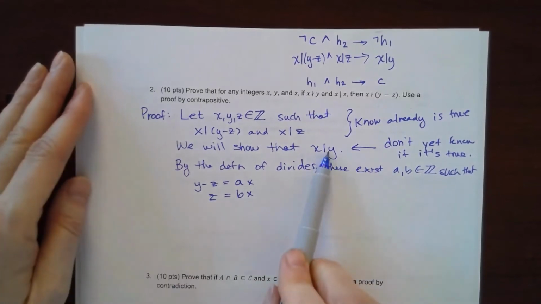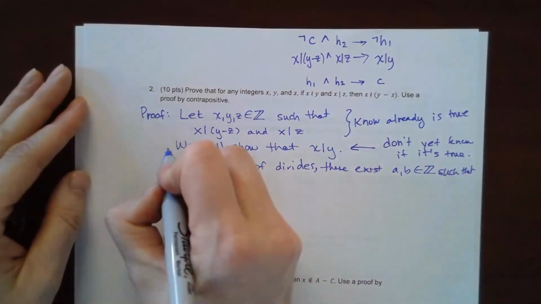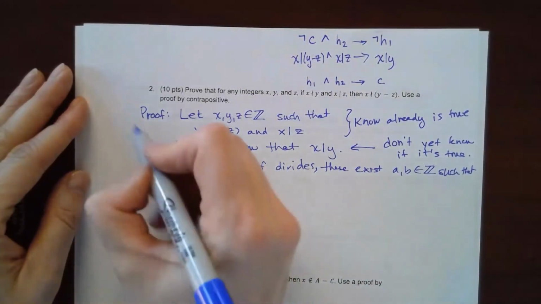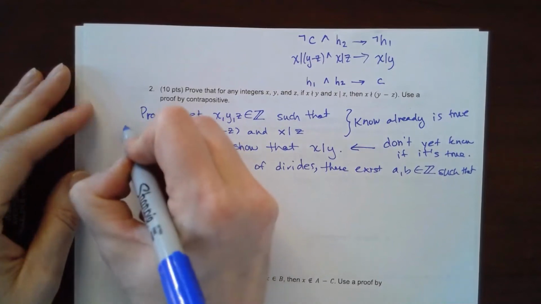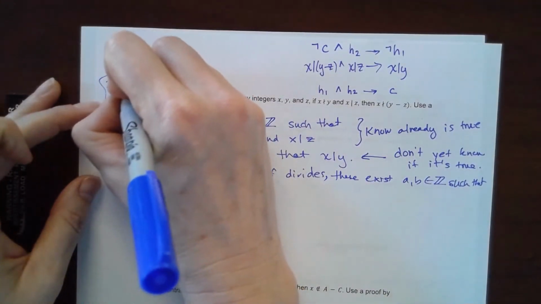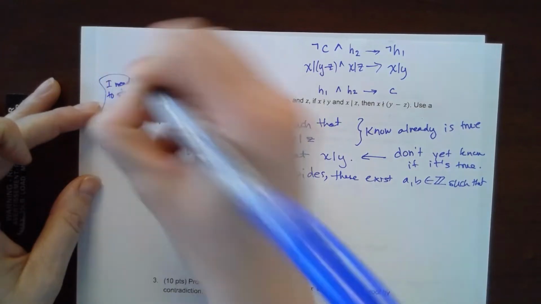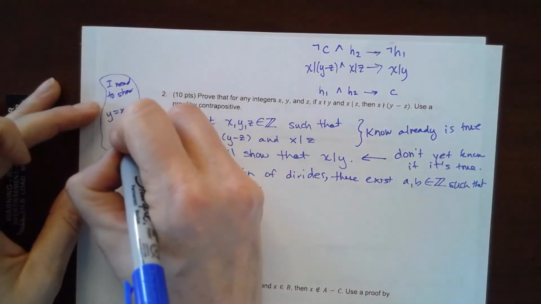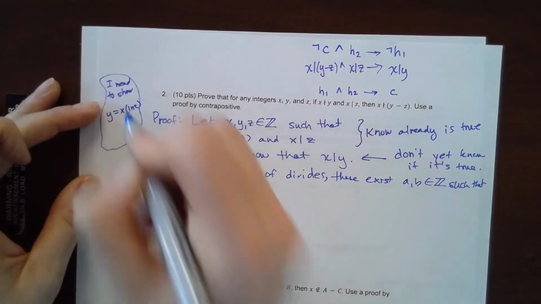And in the back of your mind, here's your thought bubble. Here's you writing a proof with a sad face. And you have this little thought bubble that's coming up, and you're like, oh no, what do I need to show? So I need to show y equals x times some integer. That's my goal.